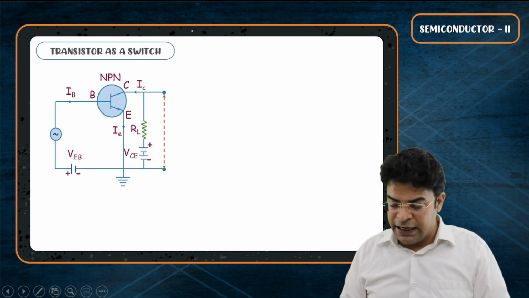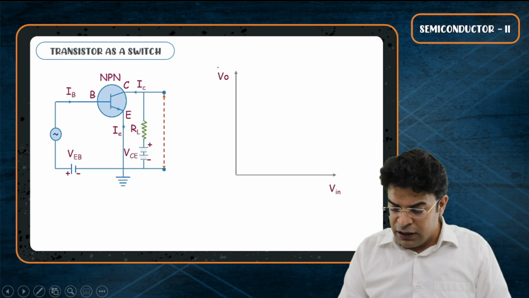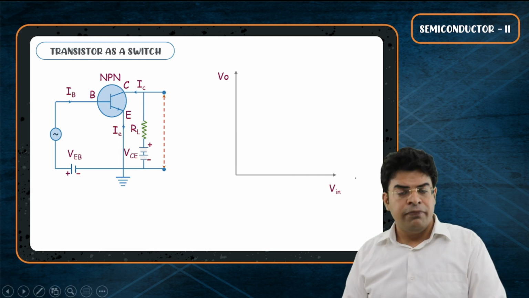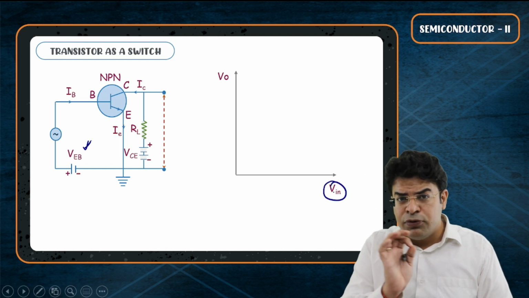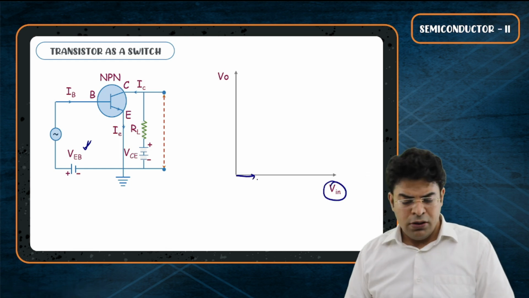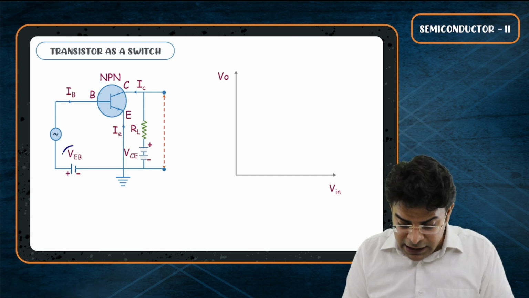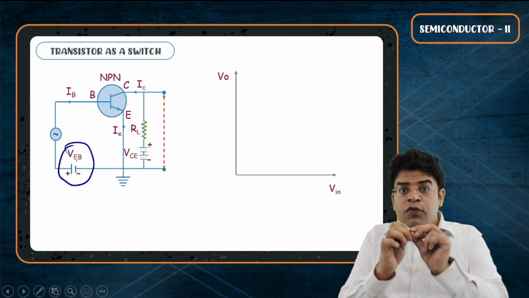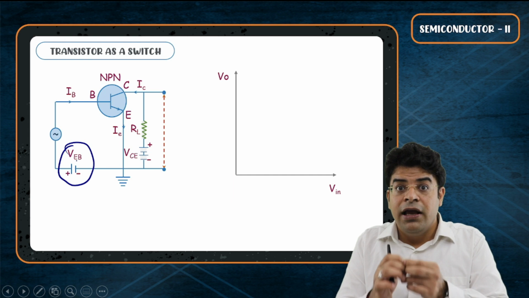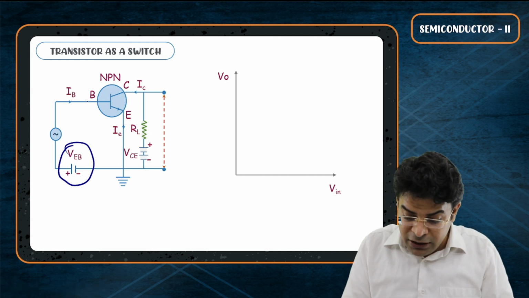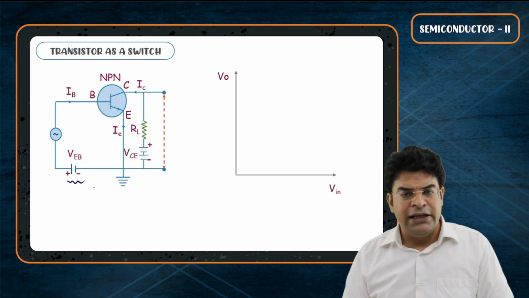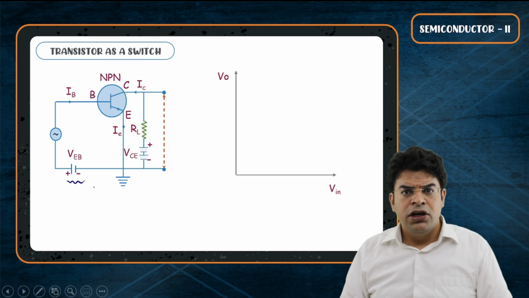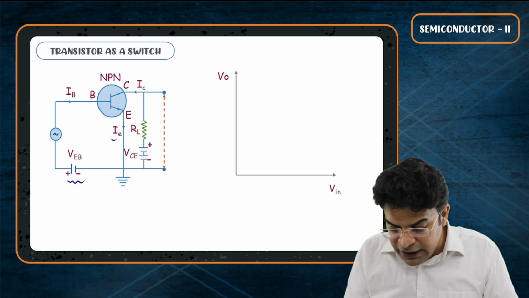Now do understand, if we look at the input and output potential graph, for low potential input, if potential input is very, very small, then we know that even for small forward biased, in the forward biased emitter base junction, no current flows. Till the time VBE is less than the knee voltage, no value of IE will be found.